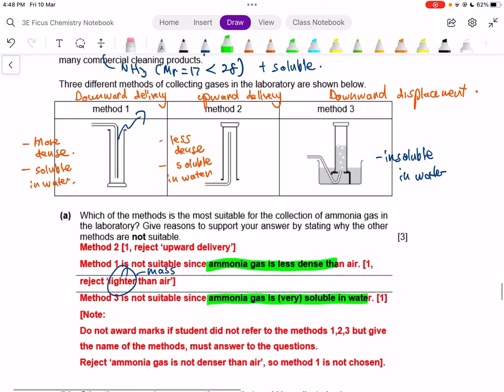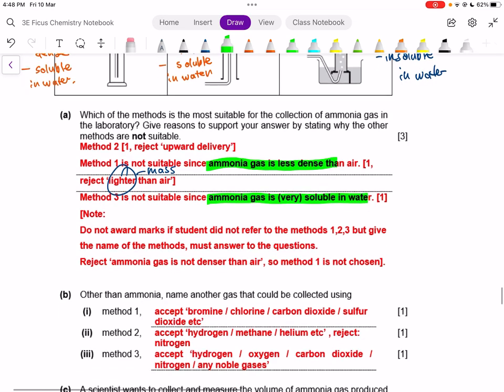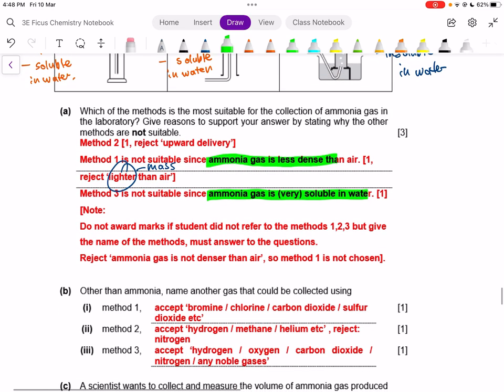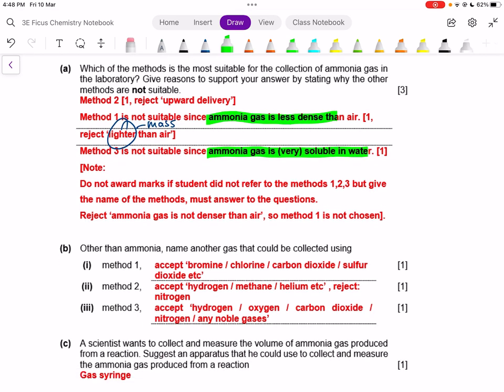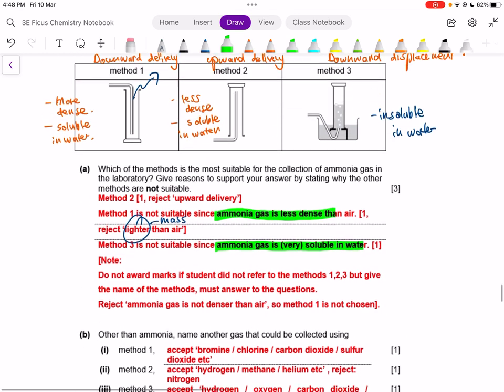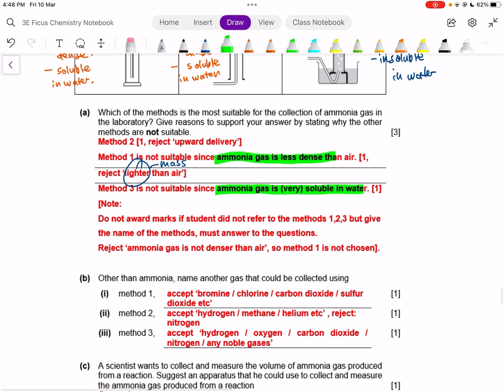Next thing is give examples of gas that can be collected using method 1, downward delivery. So method 1 is downward delivery, so get those that are more dense and soluble. Not accepted: some of you put argon and helium over here for method 1, cannot.